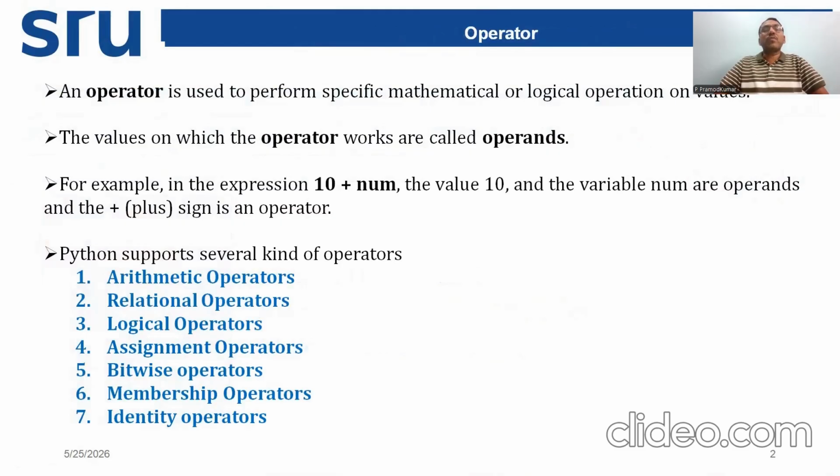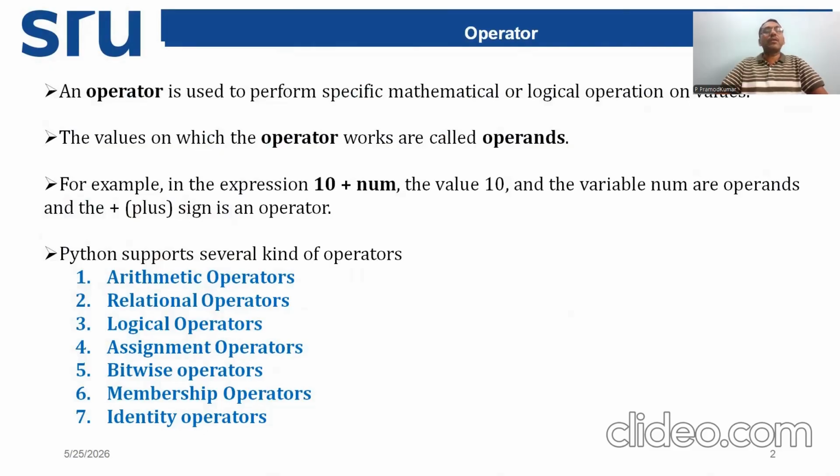Basically, to perform any operation by the computer, first we have to give certain instructions to the computer. Once we give an instruction to a computer, then the computer starts performing an operation. That instruction, which helps the computer perform an operation, actually requires certain operators.